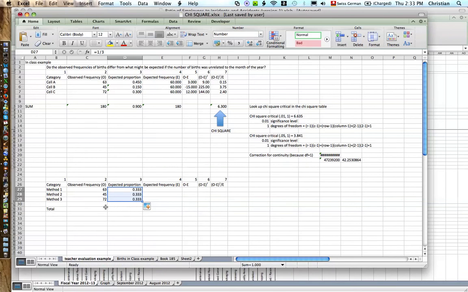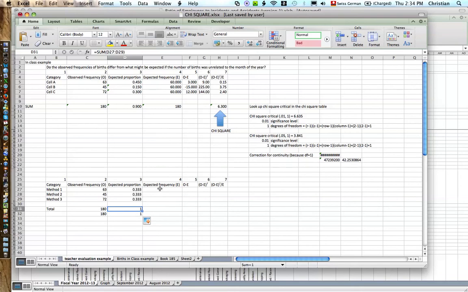And if you sum these up, so again we hit equal and we want to calculate the sum, and the sum of this area here, we use this as the formula. So that added these up. I could have also typed equal this cell plus this cell plus this cell. Same thing. And then we drag this over here. And you know that all the proportions together have to add up to be 1.